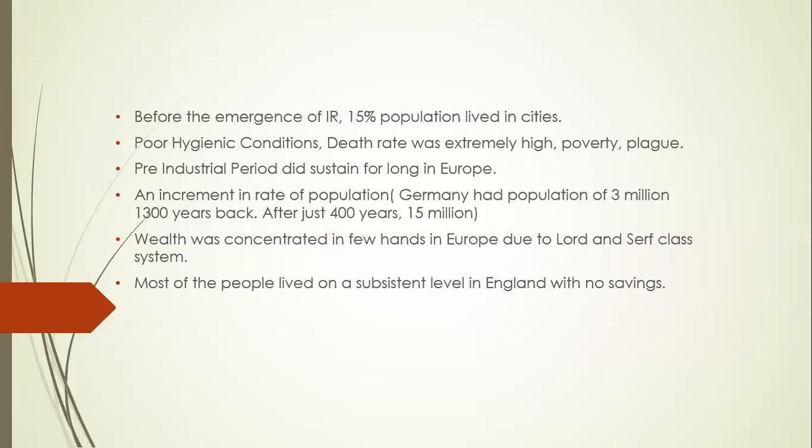They had an excess of production, and that excess was controlled by a few people whom we used to call lords, and the people who worked for those lords are called serfs. So we can say that most of the people in Britain or England used to live at a very subsistence level with no savings.